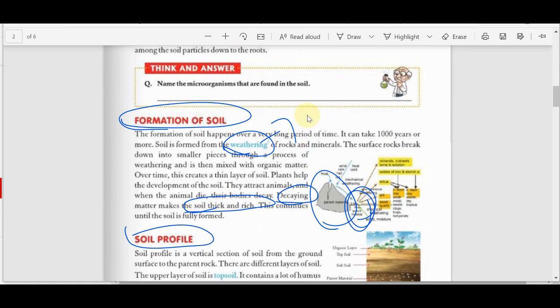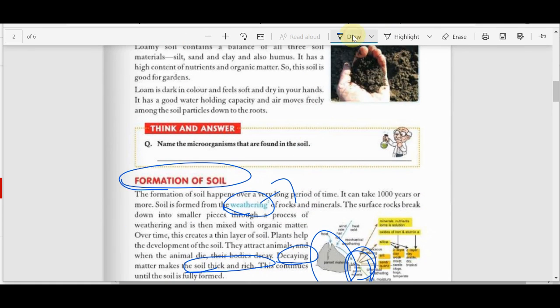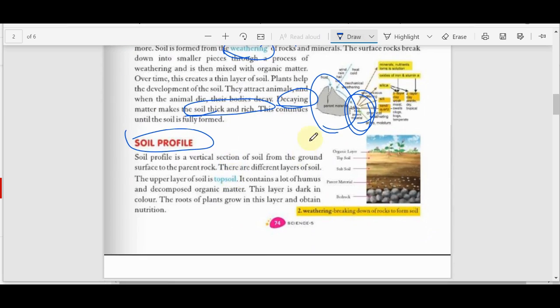If I make a picture of the earth, assume this is the surface of the earth. This upper part of the surface is generally made of soil, but inside it is generally large stones, and other minerals are found inside the earth's surface. So only the outer part is known as the formation of soil. I think you got the meaning.